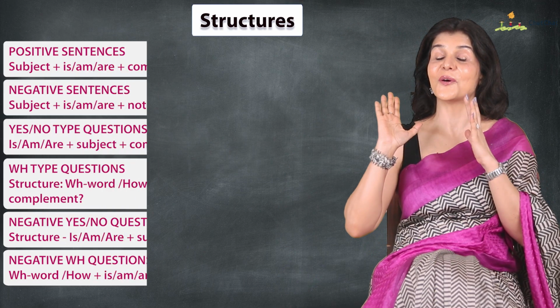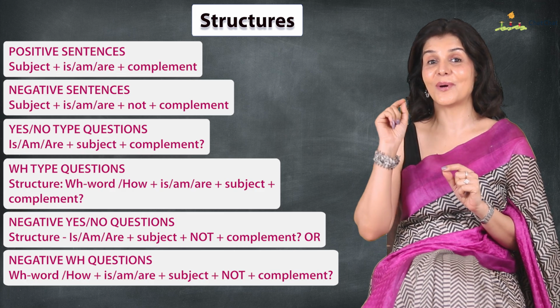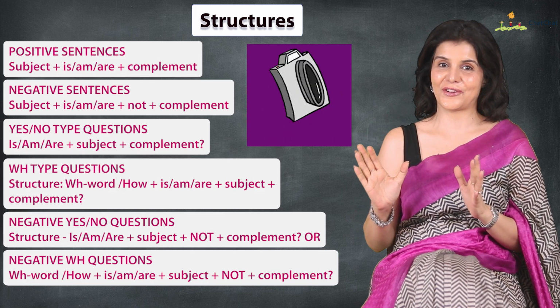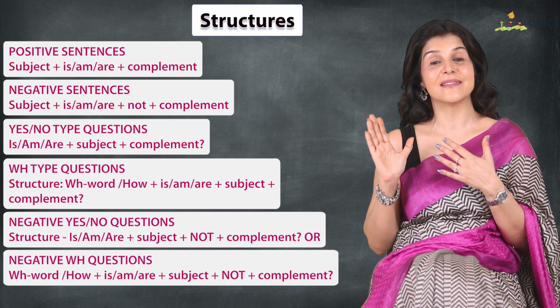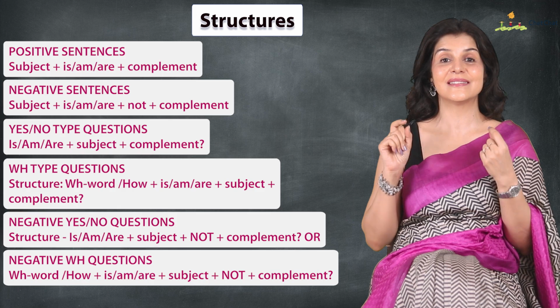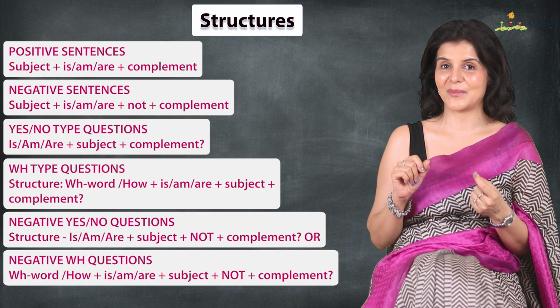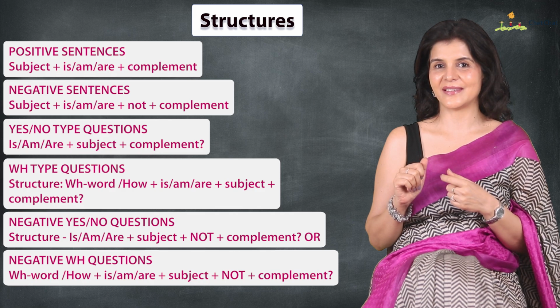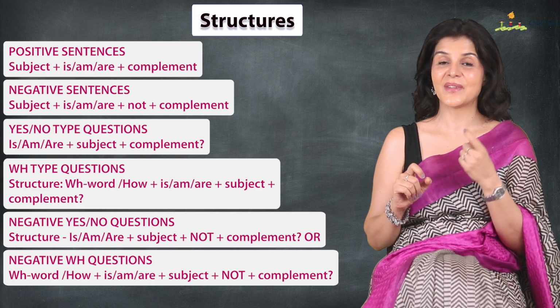Okay, so here are all the structures on your screen, and go ahead and pause the video and take a screenshot of this. Positive sentences, subject plus is-am-are plus complement. Negative sentences, subject plus is-am-are plus not plus complement. Yes-no type questions, is-am-are plus subject plus complement.